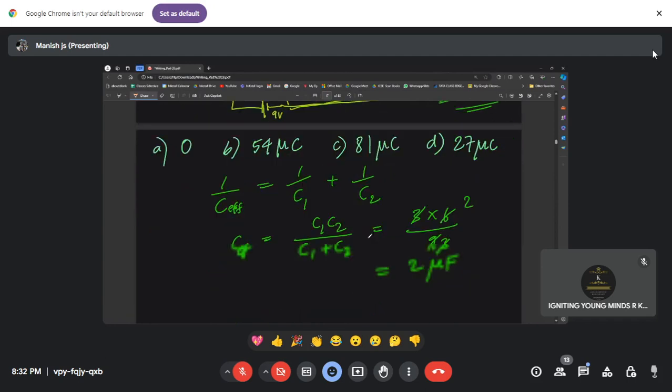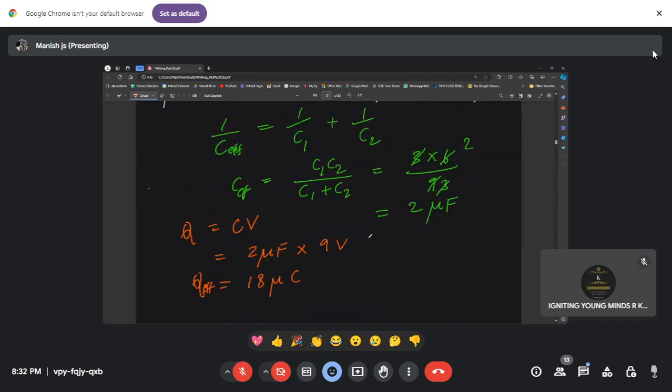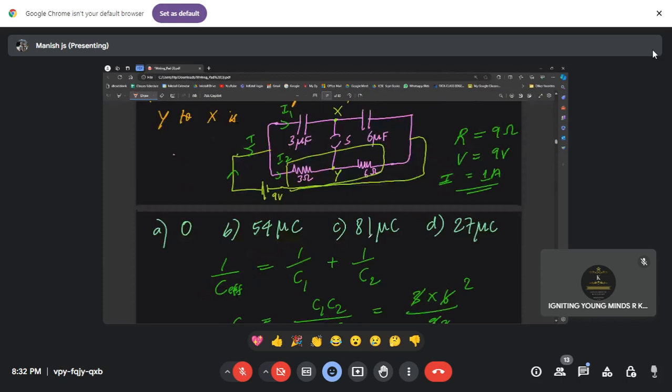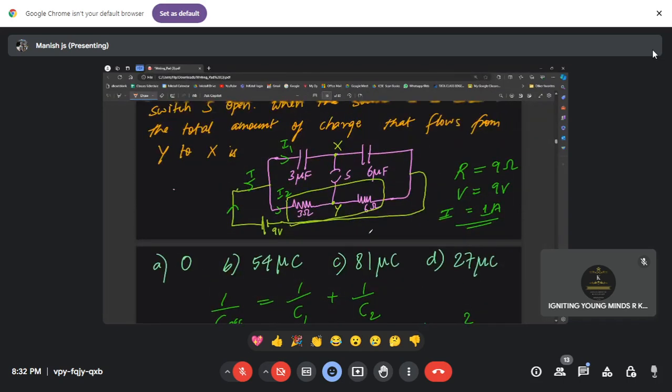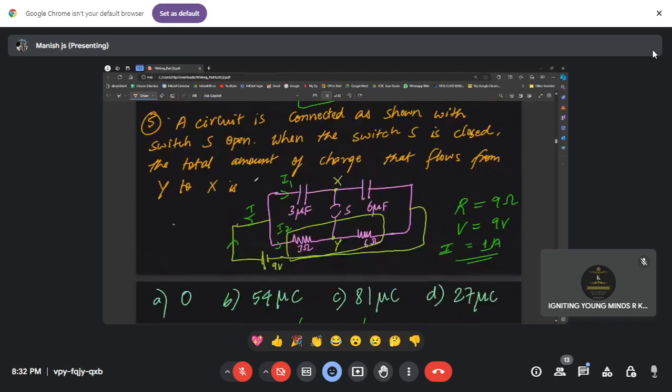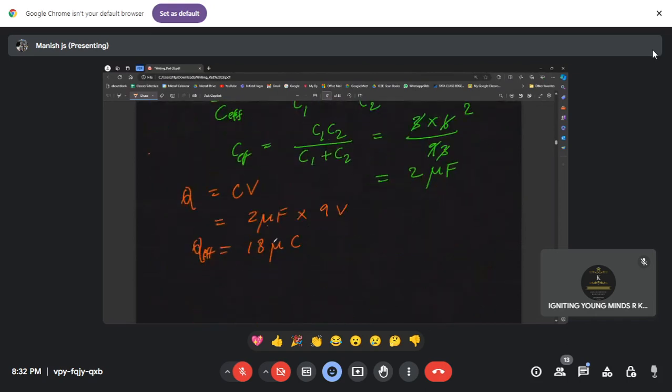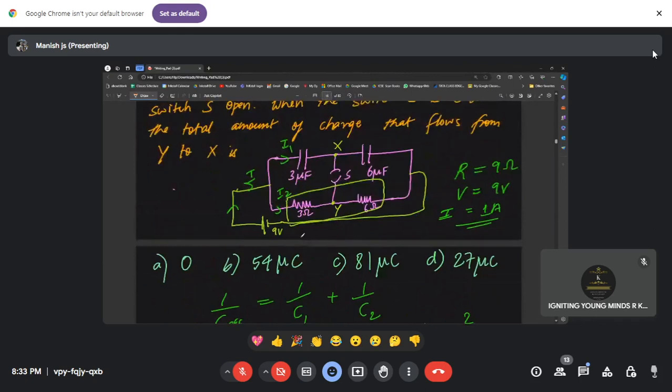When you have two different capacitors here, 3 microfarad and 6 microfarad, and the total charge, the amount of charge that is going to flow from Y to X. Okay, so 18 is basically for the entire combination.